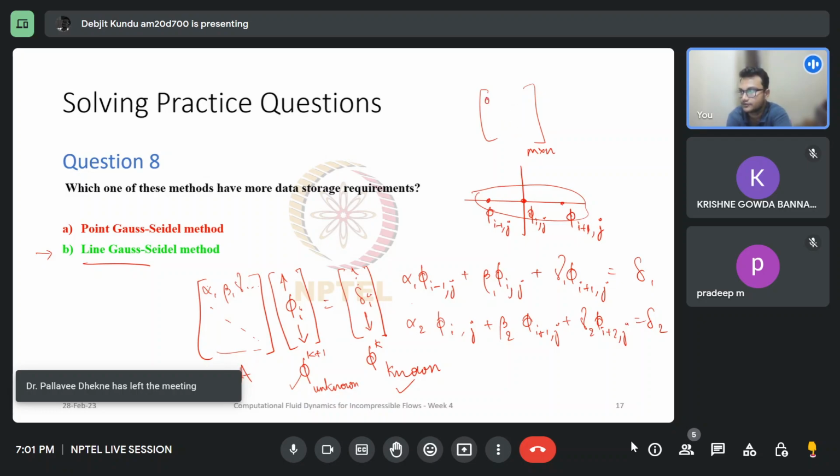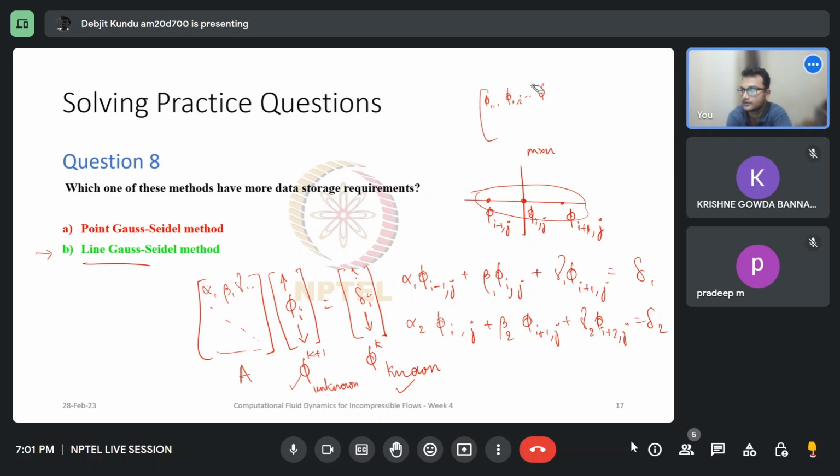So phi goes from 1 comma 1, 1 comma 2, and so on up until 1 comma n. Similarly, here we have phi 2 comma 1, and so on. Similarly, we have m comma 1 to m comma n, right?